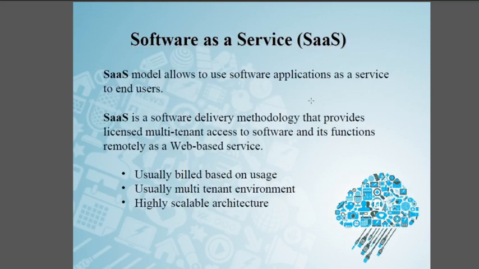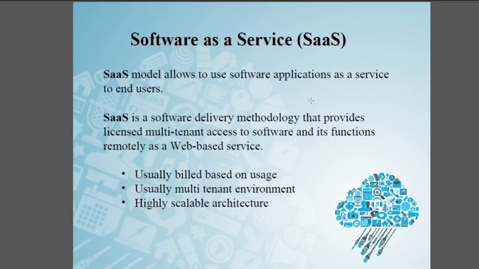Now the software as a service model allows use of software applications as a service. So it's a software delivery methodology, right, that provides licensed multi-tenant access to software and its functions remotely, based on web services. Now this is usually billed based on usage. Usually a multi-tenant environment is used and a highly scalable architecture is also used, right?